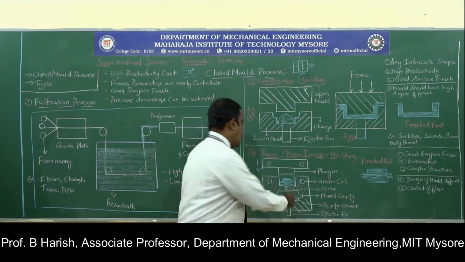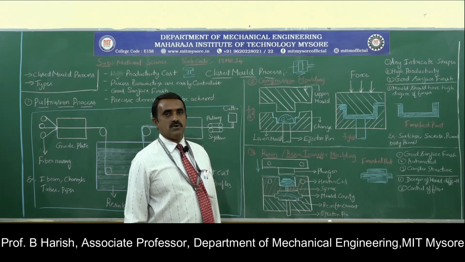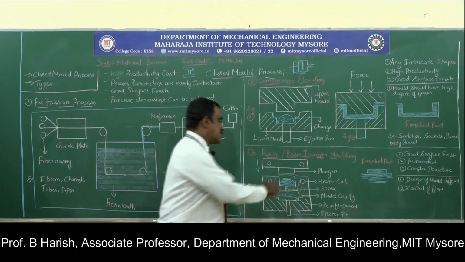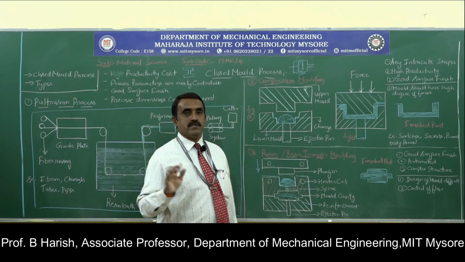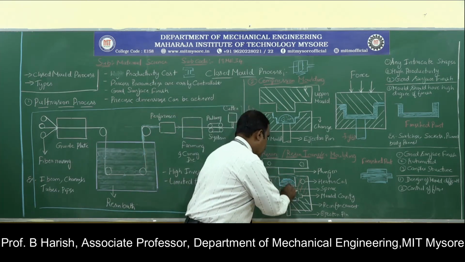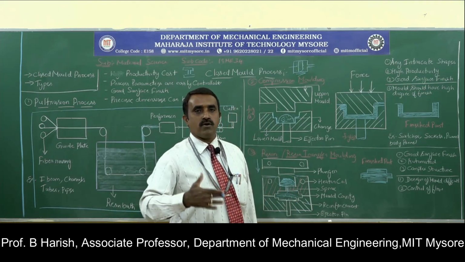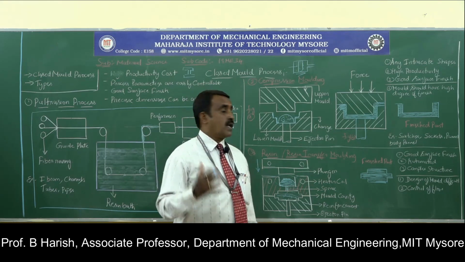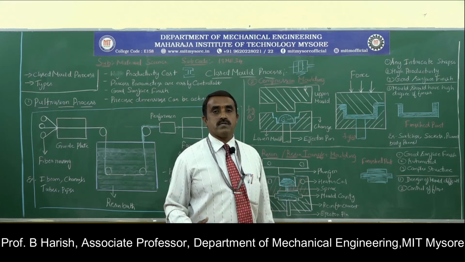Then control of flow. When the matrix is heated, it starts flowing, and the rate of flow we cannot control. It may flow at a very fast, slow, or medium rate. Controlling the rate of flow is difficult.